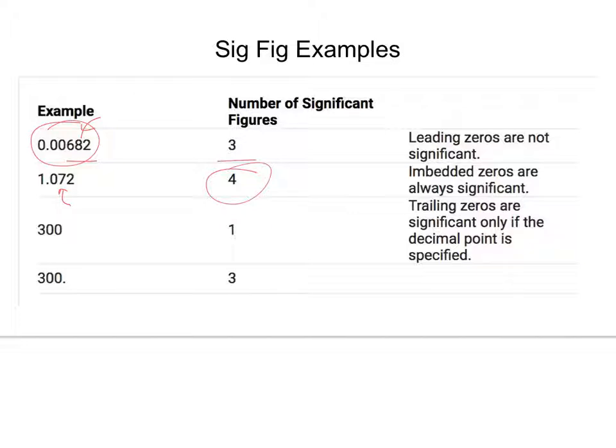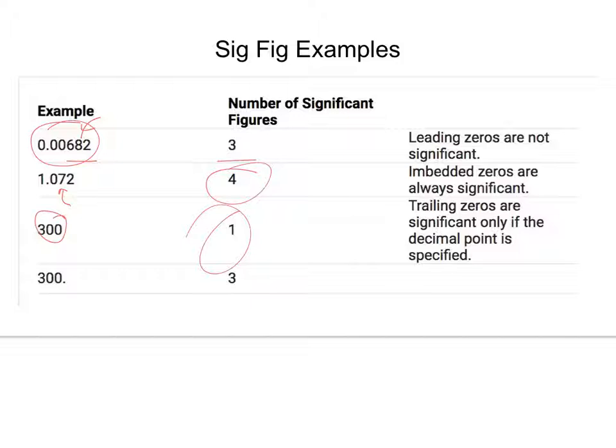If we have something where we are given a whole number with some trailing zeros at the end, and there's no decimal, none of those zeros are significant. So for example, 300 by itself, no decimal, has 1 significant figure. Whatever instrument we used, we had to guess the 3, right? Because it's the first integer.